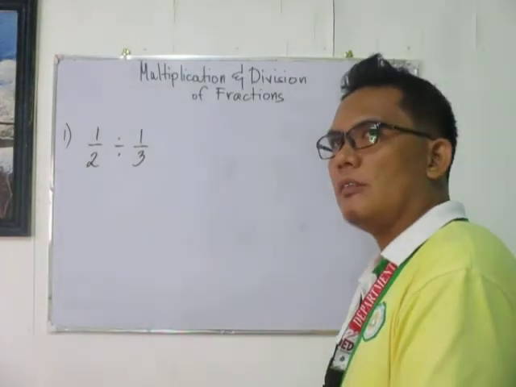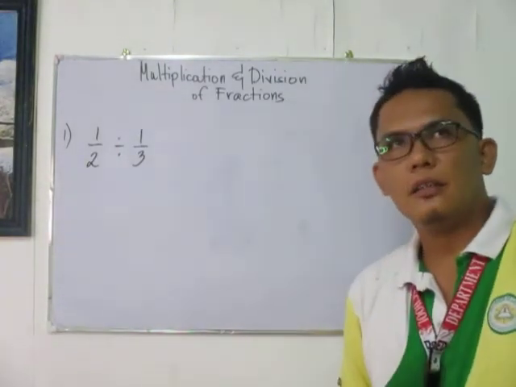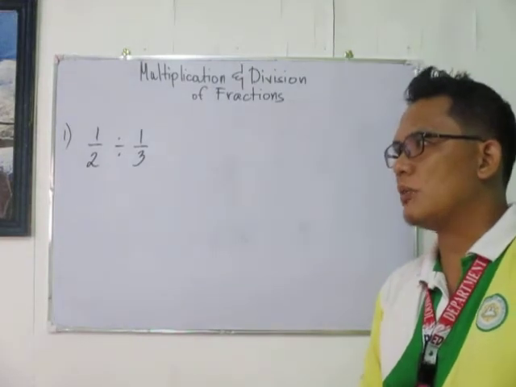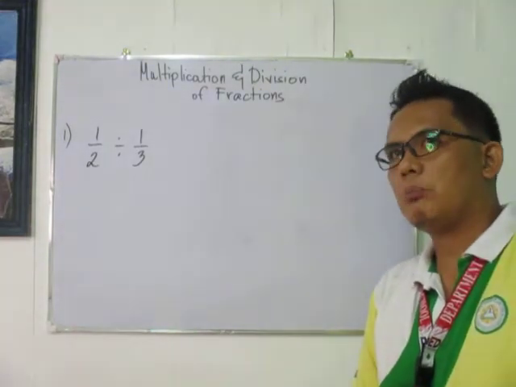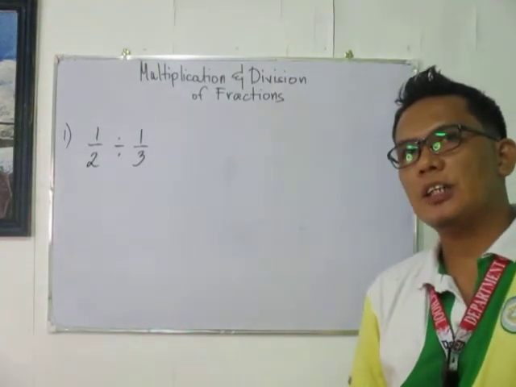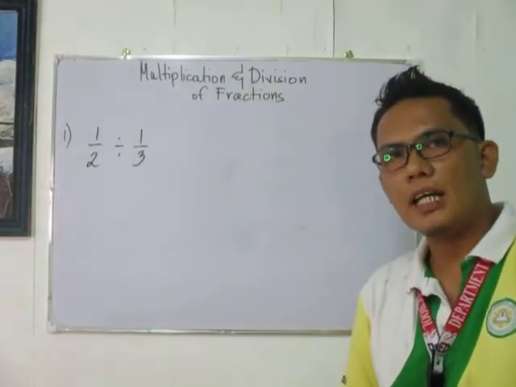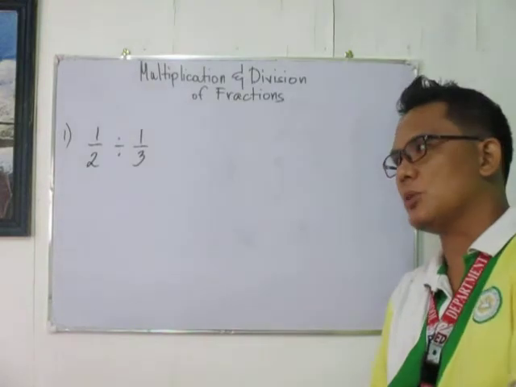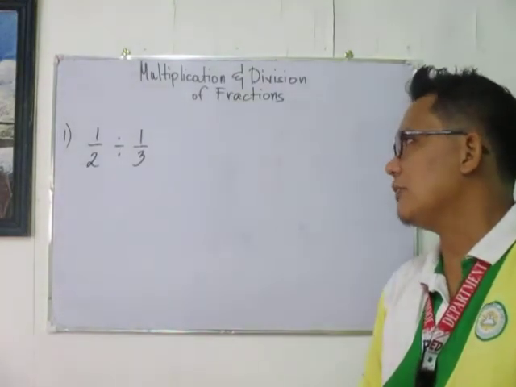The reciprocal basically means that when you reciprocate fractions, whatever number is on the numerator will be transferred or written on the denominator. Likewise, the denominator goes up to the numerator, and that is finding the reciprocal.